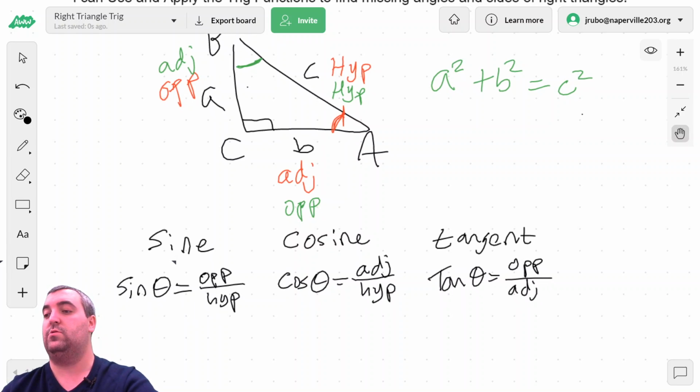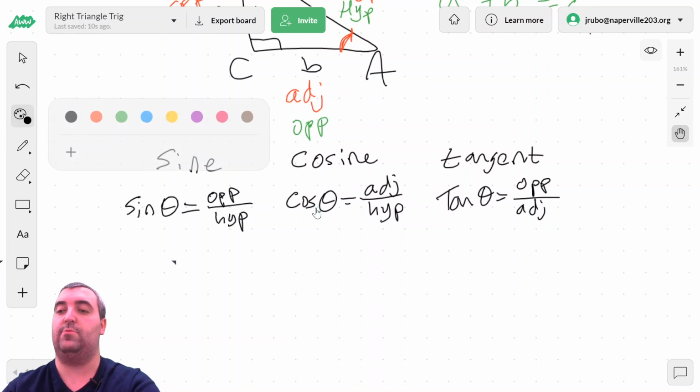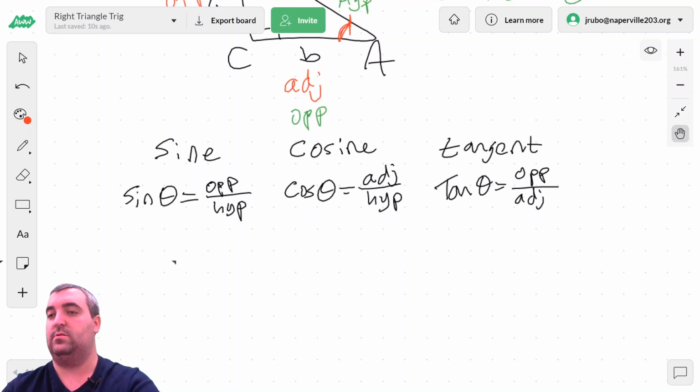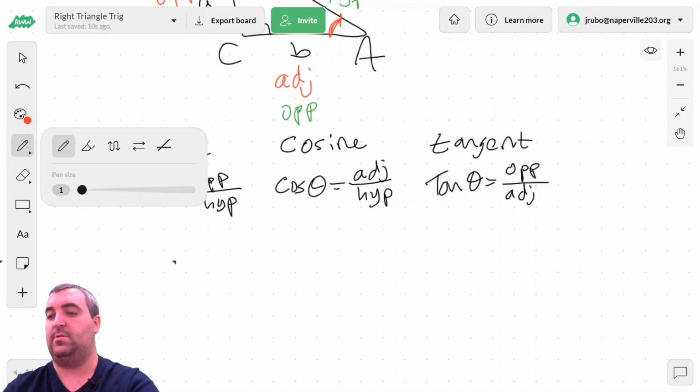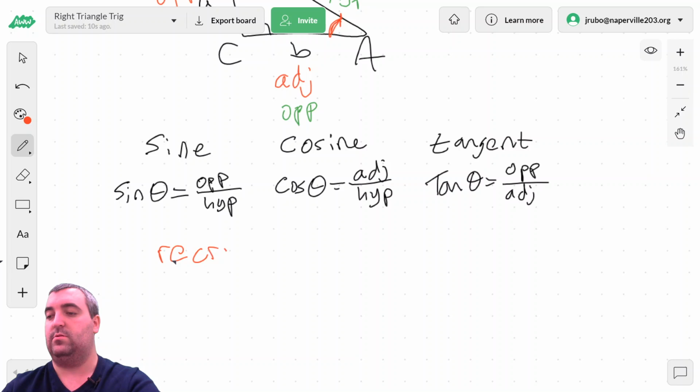Now, we do have what are called reciprocal functions as well.